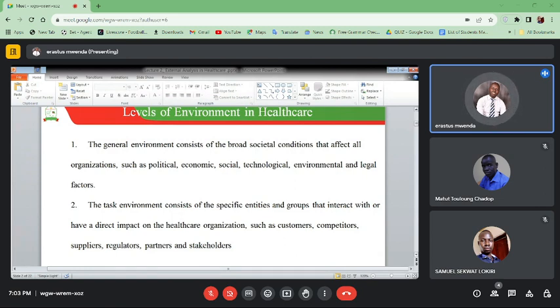These are the organizations that we are competing with in offering healthcare services. The suppliers, this could include medical suppliers or medical product suppliers, regulators, for example, the government, various partners, and all the stakeholders in general.